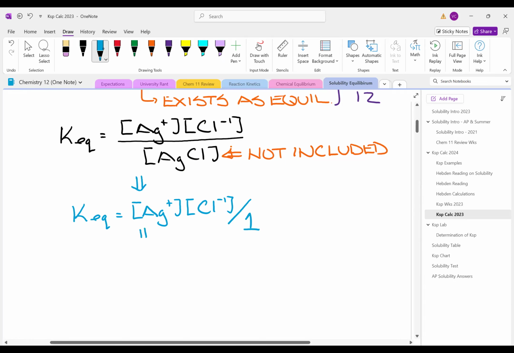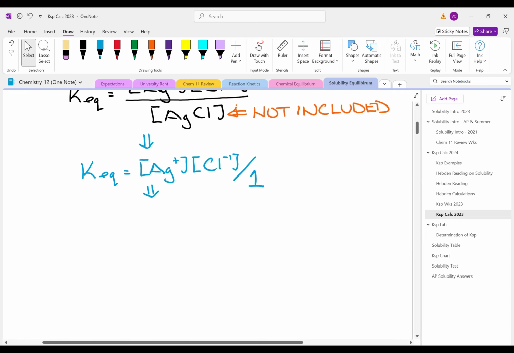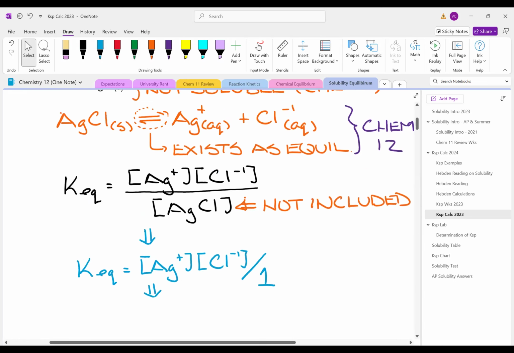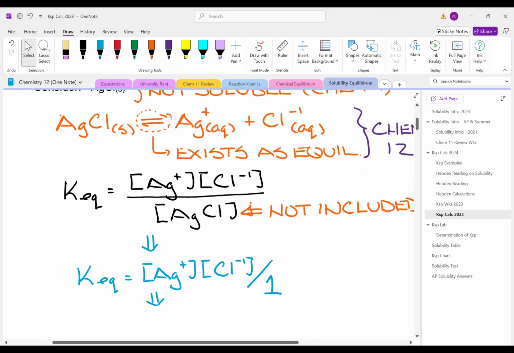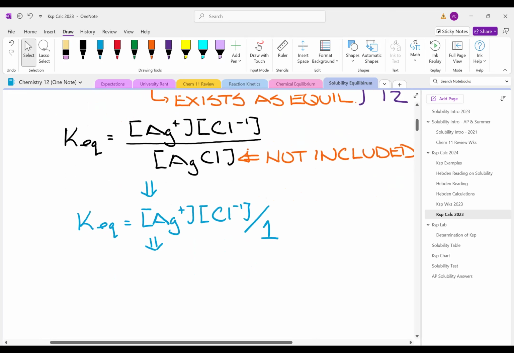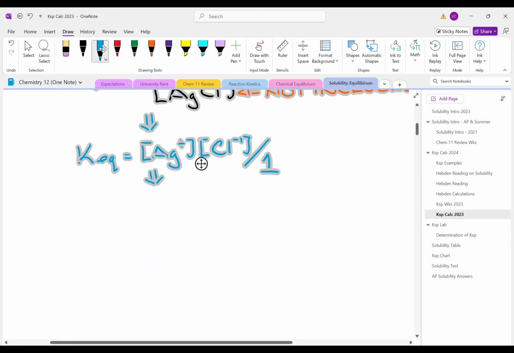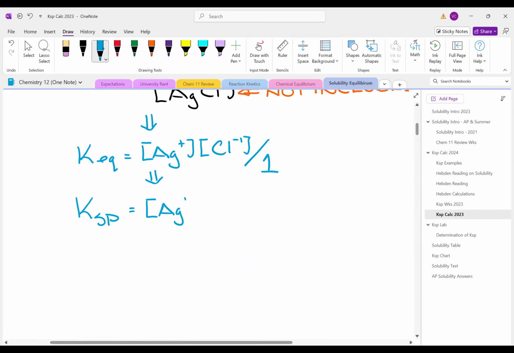And because we are dealing specifically with ions in solution, forming a saturated solution, we can give it a special K value, and we will call this the KSP, which is the concentration of Ag plus times the concentration of Cl minus.